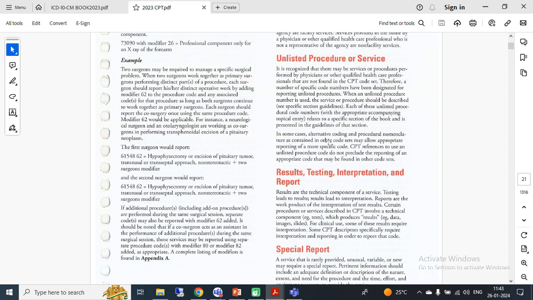Options are like modifier 25, modifier 56 or modifier 58, and the fourth option is no modifier for unlisted procedure. So here we will select the fourth option. But in order to know that, you need to check your CPT book.